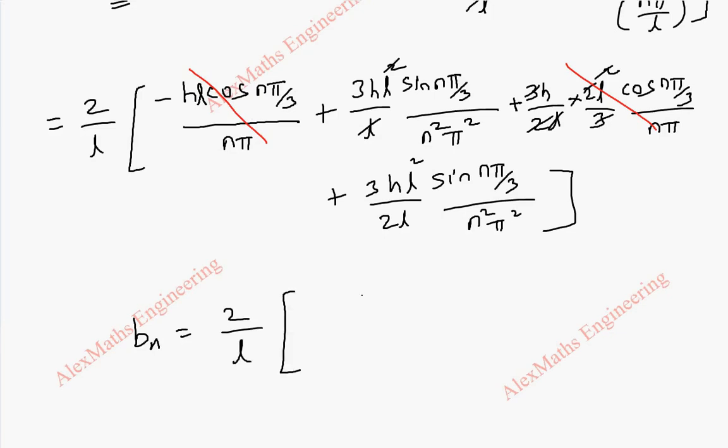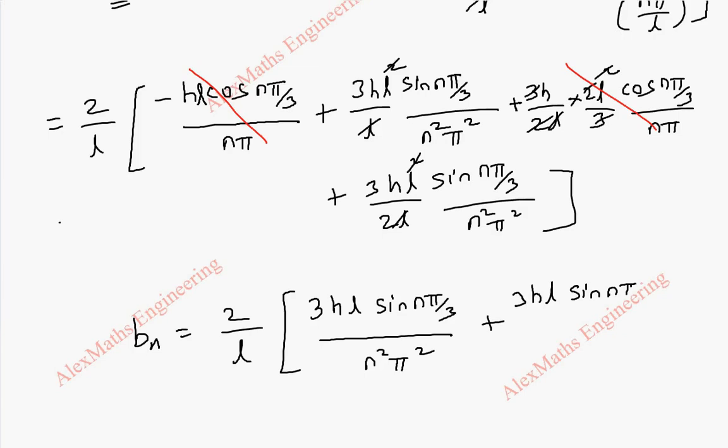And here, after cancelling this, we get 3hL. So totally it is 6hL. Actually, there is one 2 here, so you cannot add like this. So first let's write 3hL sin n pi by 3 by n square pi square plus 3hL sin n pi by 3 by 2n square pi square.